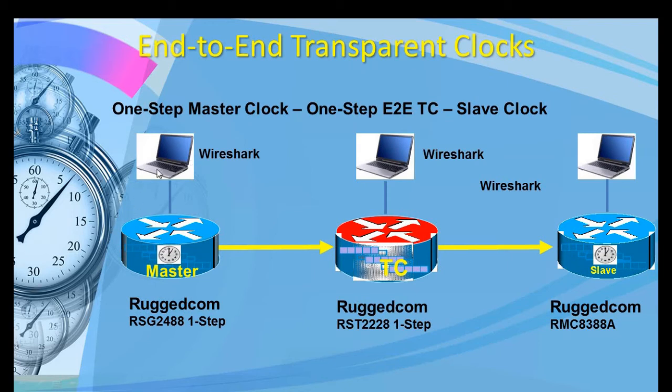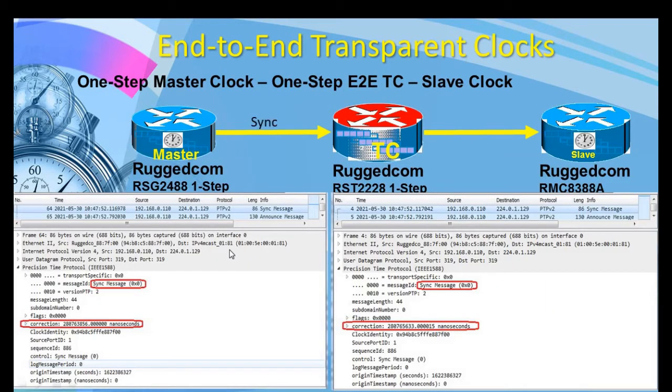So we use a laptop connected to all three clocks and do a Wireshark capture. The sync message is sent out from the master side, forwarded by the middle transparent clock, and received on the slave side. We capture the message on the ingress port of the end-to-end transparent clock. We can see the correction field has that value, and we capture the same sync message on the egress port, showing a different value.